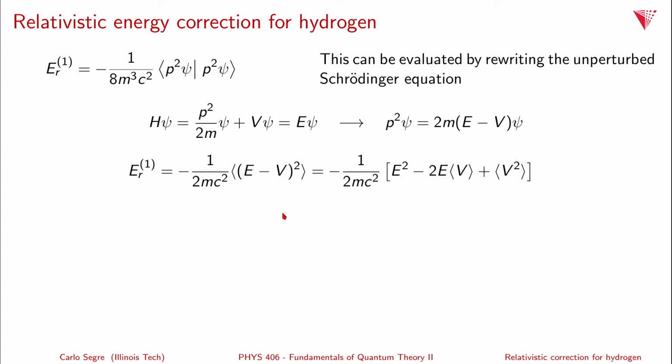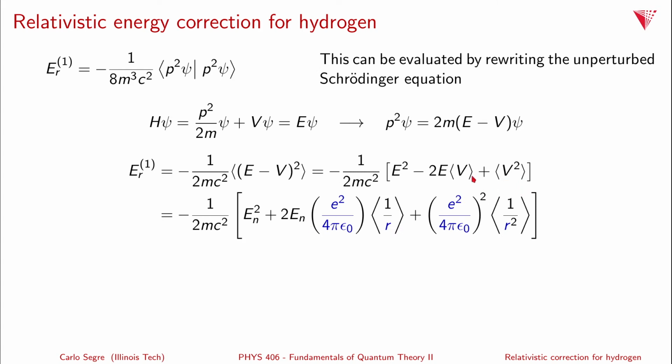So we now can expand this, and we get minus 1 over 2mc squared times the quantity E squared, which is just the energy of the unperturbed Bohr atom, minus 2E times the expectation value of V, plus the expectation value of V squared.